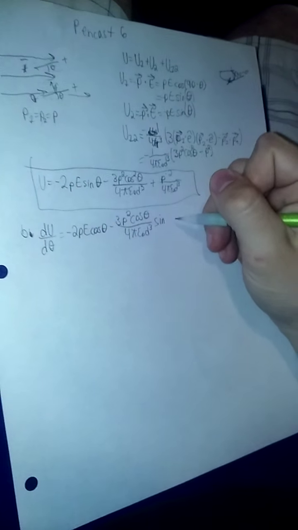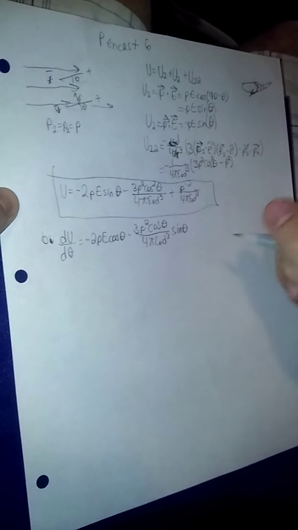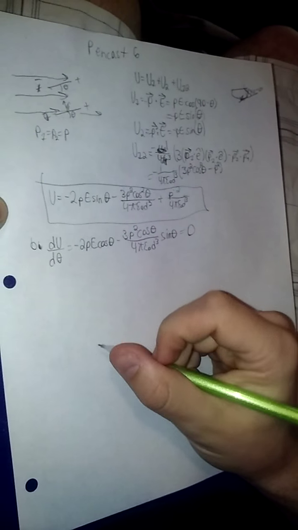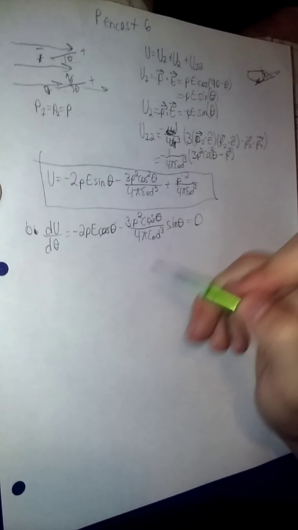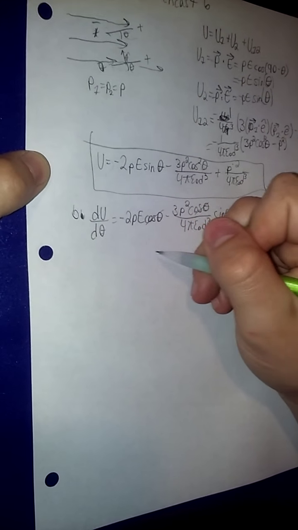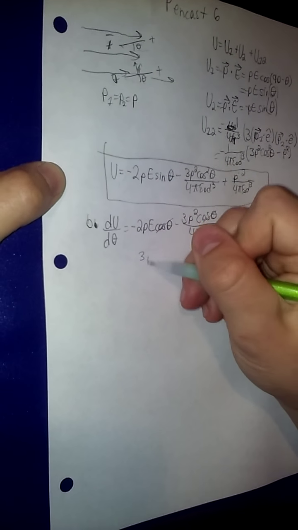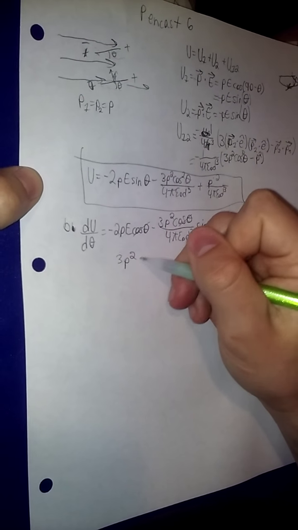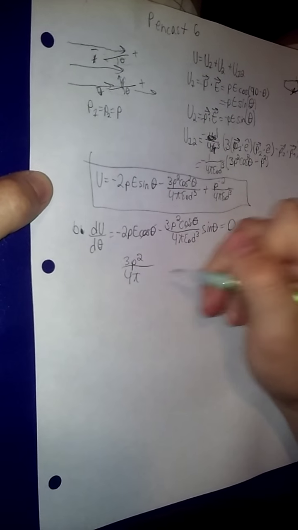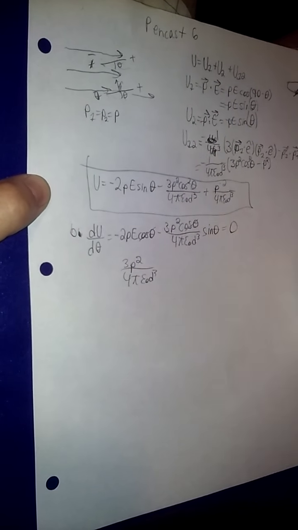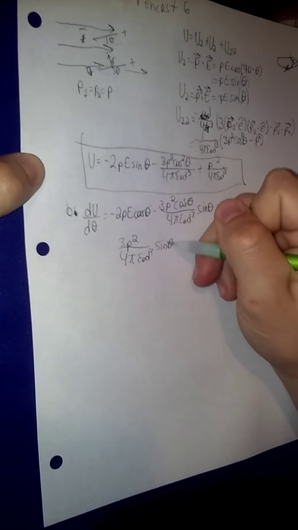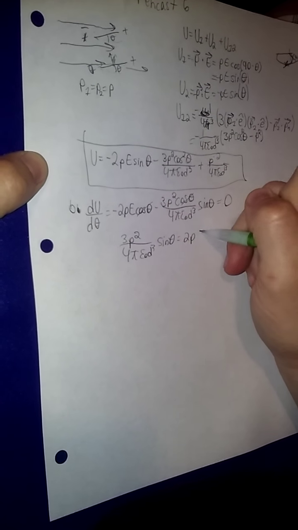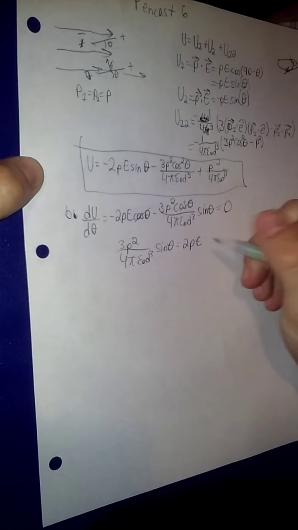And then we have to take the derivative of the cosine part, which gives us sine theta. We need to find this equals 0. Cosines cancel. So then 3p squared over 4 pi epsilon naught d cubed sine theta equals 2pe.